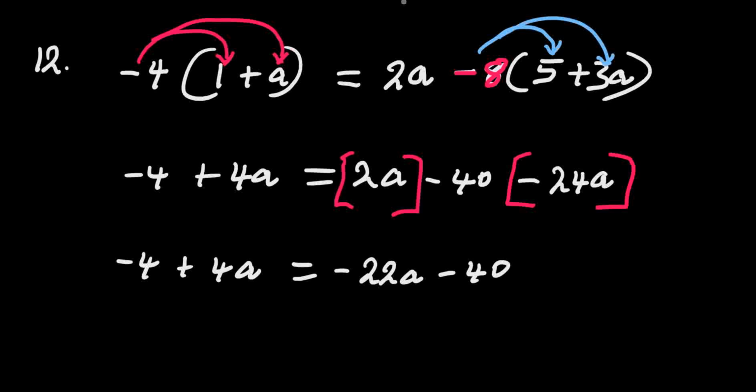And then we have negative 40 over here. So now we have a on both sides. So we have positive 4a over here, and we also have negative 22a on the right side. So we can decide to switch any of them, either to subtract 4a from both sides or add 22a to both sides.